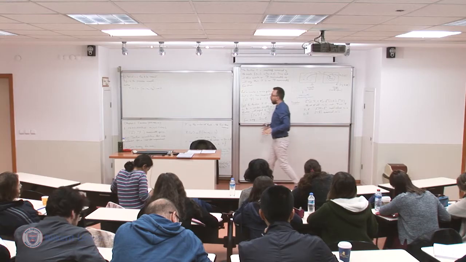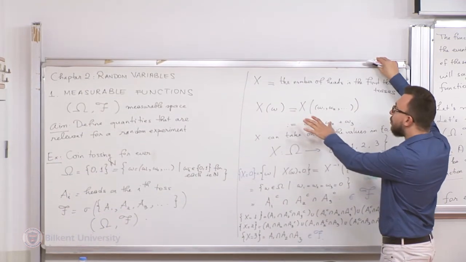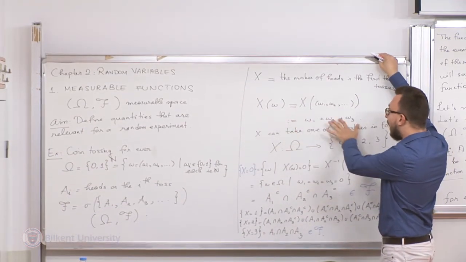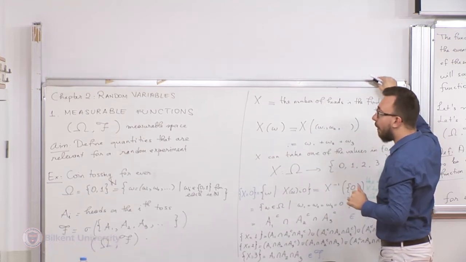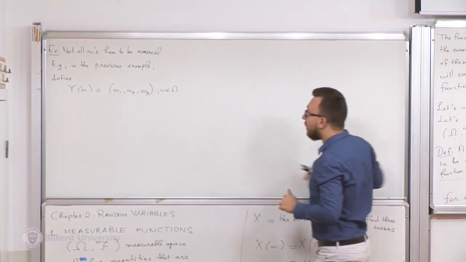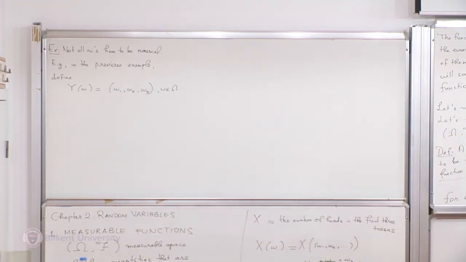Okay? This is what you want. This is something that you cannot capture if you just use X, because X is just telling you the total number of heads, not the order that you received them. If you're also interested in the order of receiving heads and tails in the first 3 tosses, then you should perhaps keep all 3 parts of this outcome.